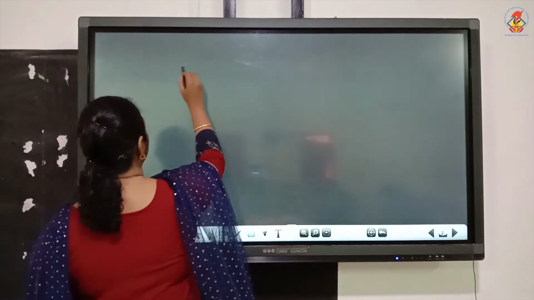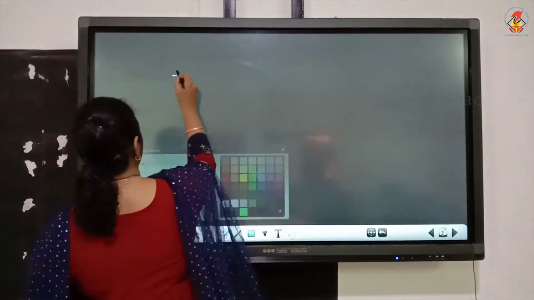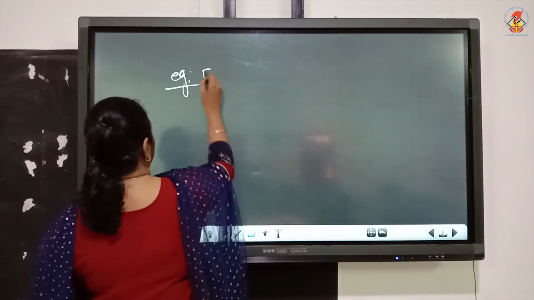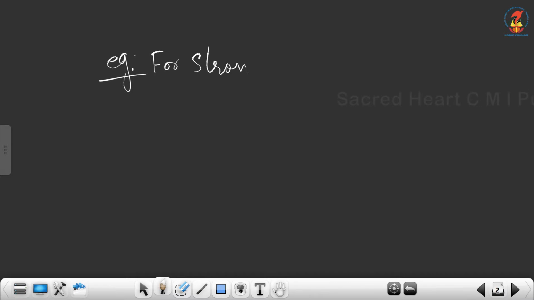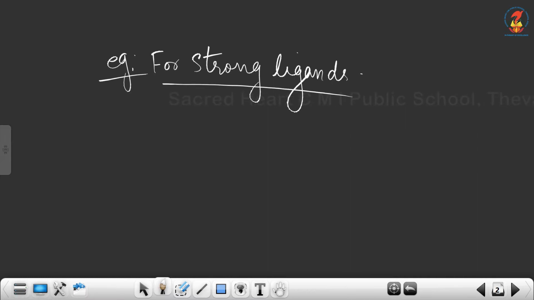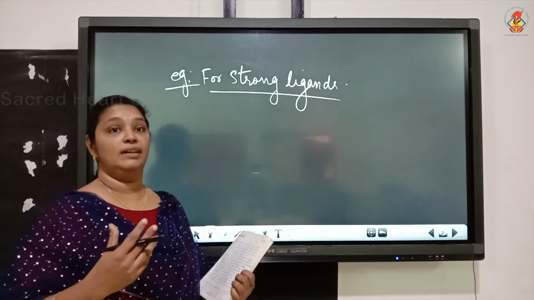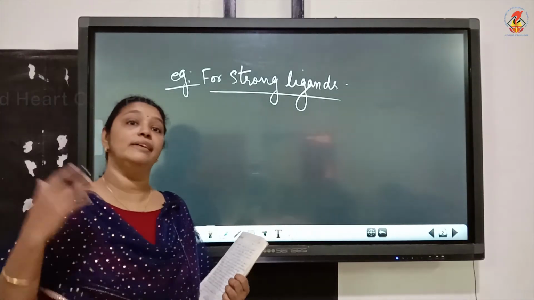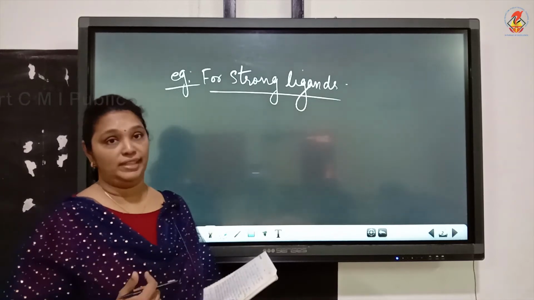Example for strong ligands. When you study valence bond theory, you just need to study the examples. What strong ligands and weak ligands are, and what their role is, you will learn in the next theory, that is crystal field theory.